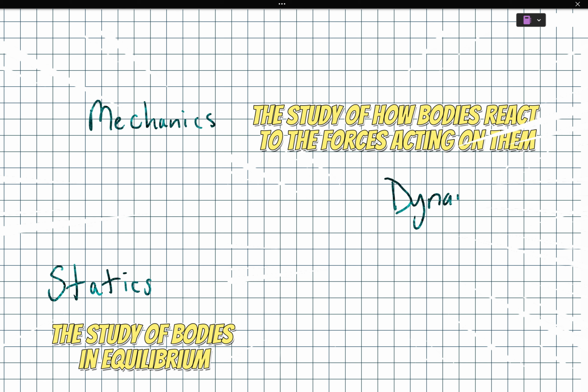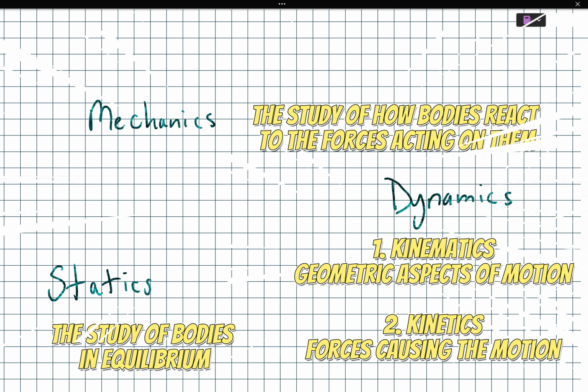And then the course that we're in now is dynamics. Dynamics covers two parts: kinematics, which is concerned with the geometric aspects of motion, and kinetics, which is concerned with the forces causing the motion.